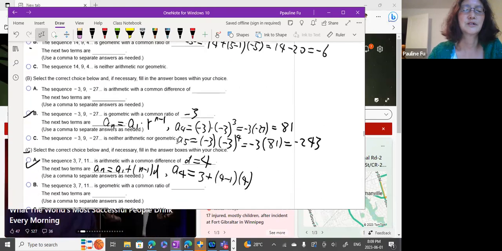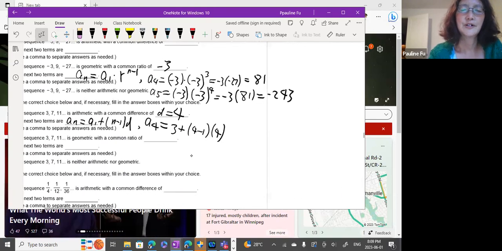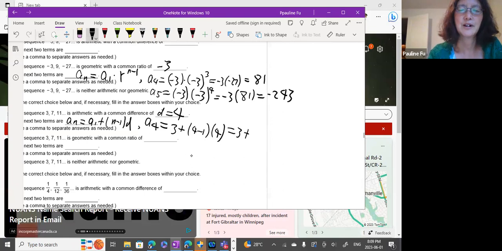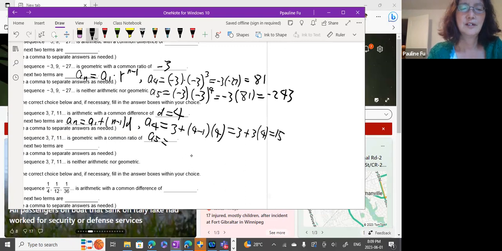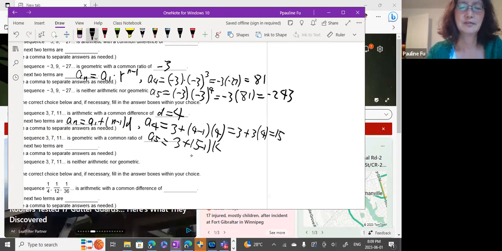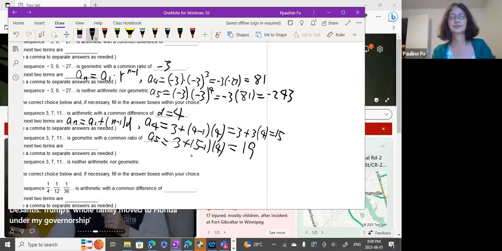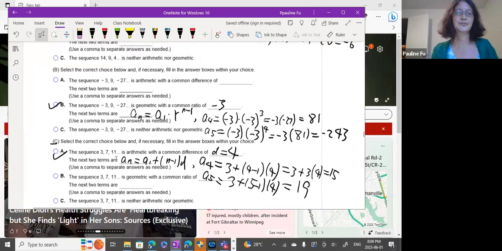Check, yes. So equal to 3 plus 3 times 4, which is 15. And a_5 equals a_1 plus (5 minus 1) times 4, which is 19. So that is C.